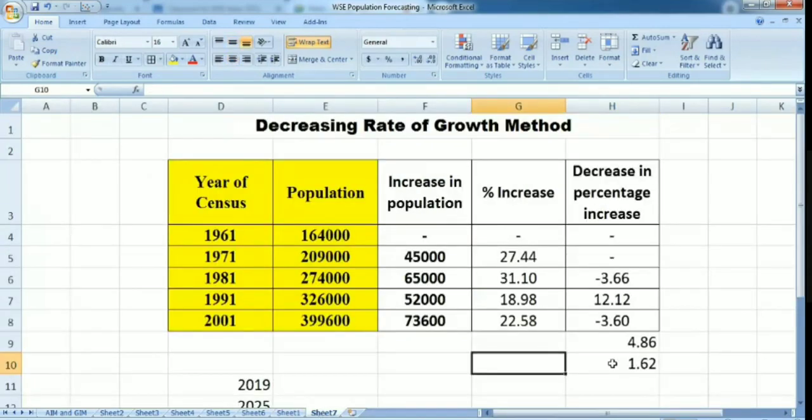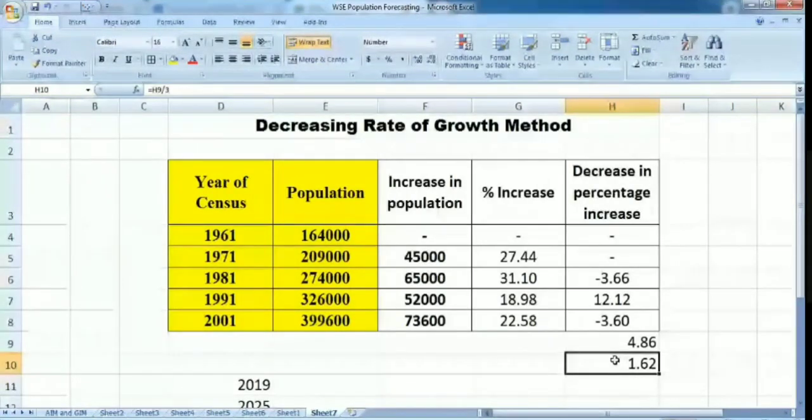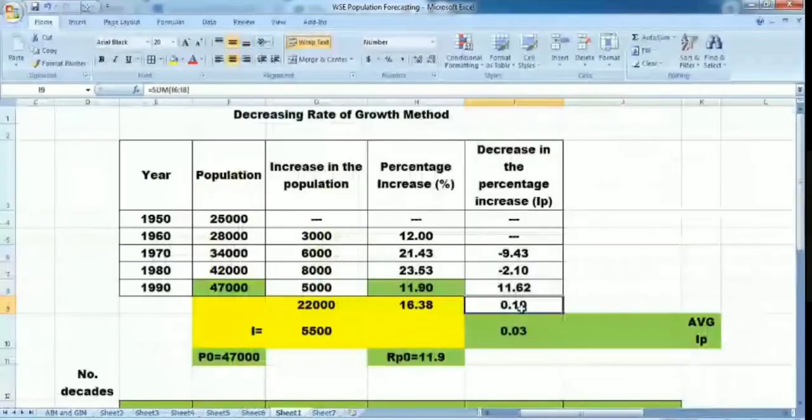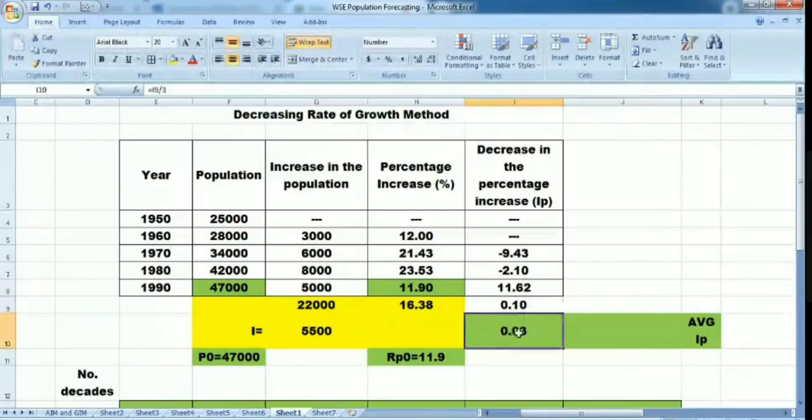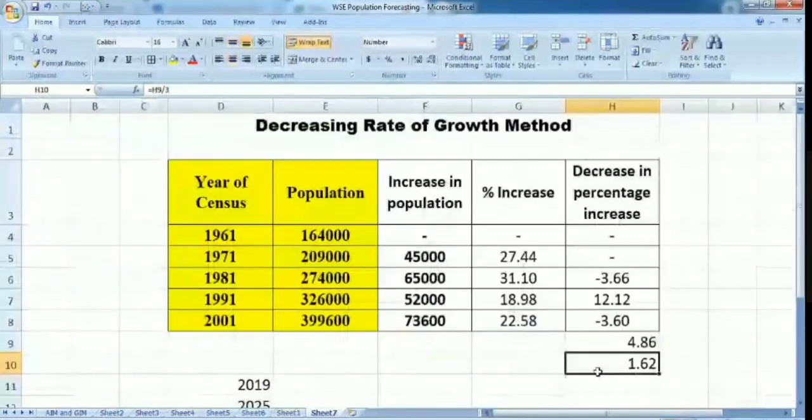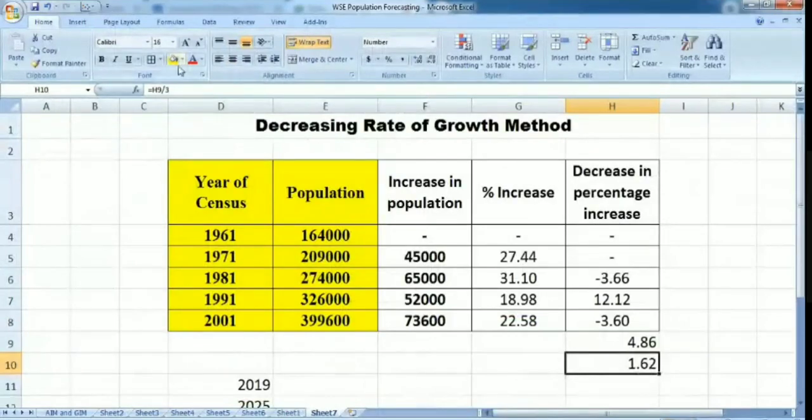So in this case we have got 1.62, and there we got 0.1. That means the value 0.1 divided by again 3, that means 0.03, right? So when we compare 0.03 and 1.62, it is on the much higher side.